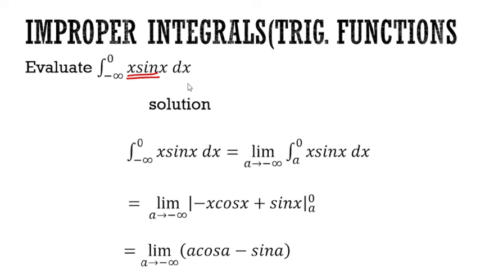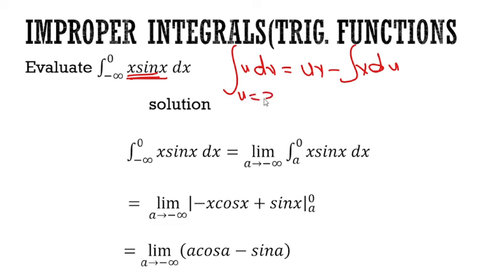And the formula for integration by parts is given as integral u dv equals uv minus integral v du. So in this function, let's choose our u to be equal to x and then our dv to be equal to sine x.